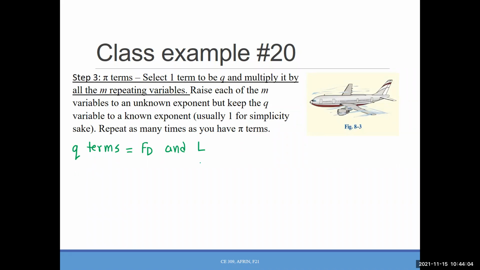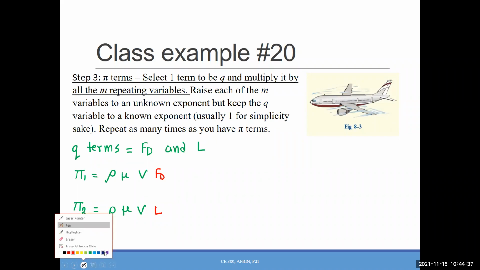And since we have 2 pi terms, we will have pi 1, pi 2. And we have repeating variables as rho, mu, velocity. And for pi 1, you can say FD, pi 2, L. Okay.